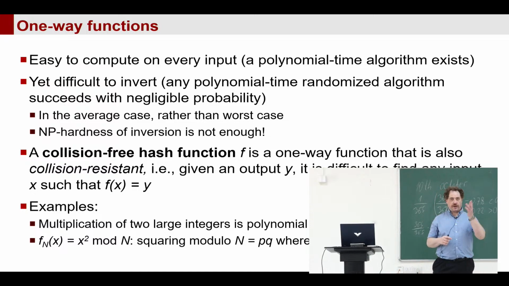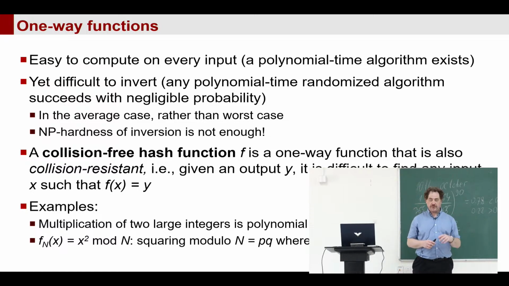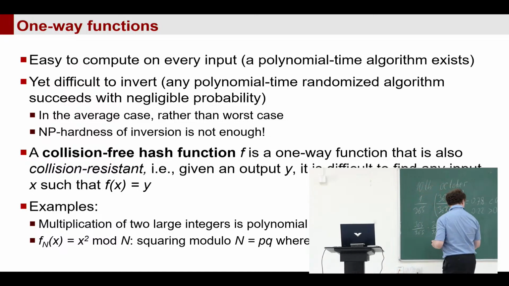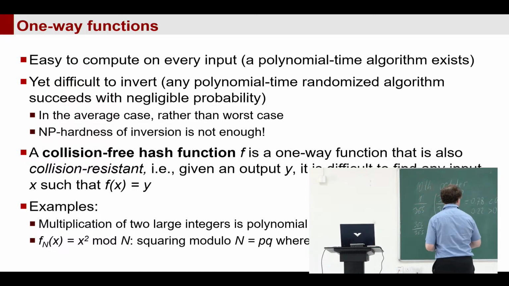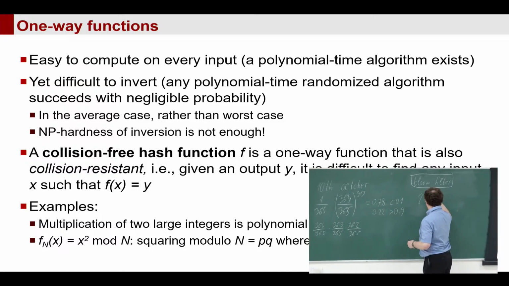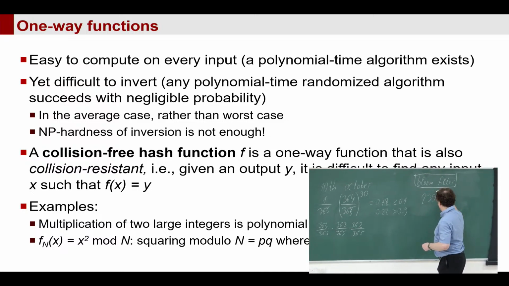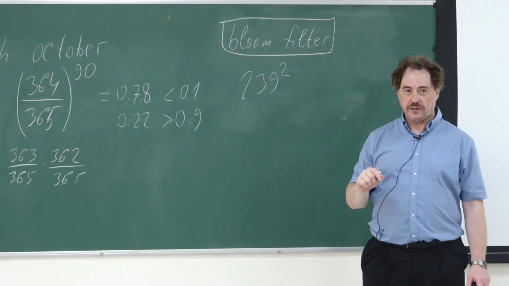Like I take, okay, one of my favorite prime numbers, 239. If I give you 239 and ask you to compute 239 squared, you would be able to do it easily.